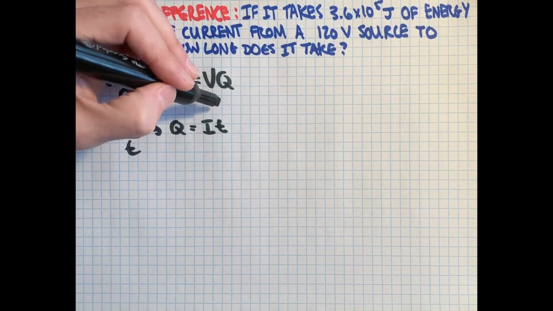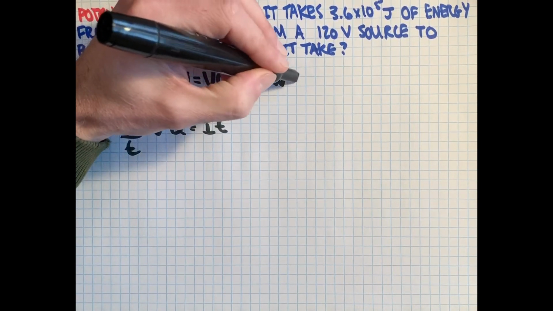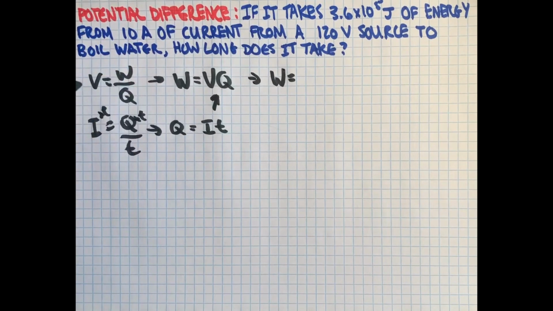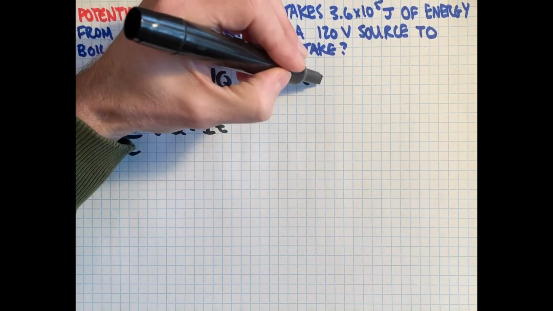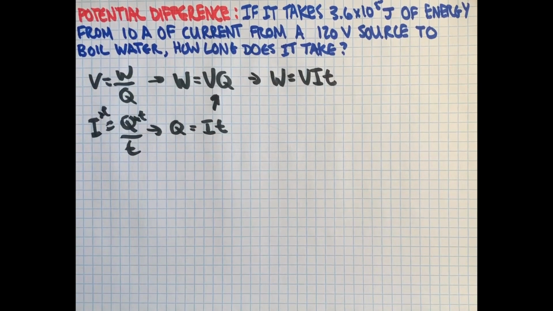I can replace this in here and get a formula for work that takes account of current, and we get voltage times current times time will give us the amount of energy used in that time when there's a certain flow of charge.